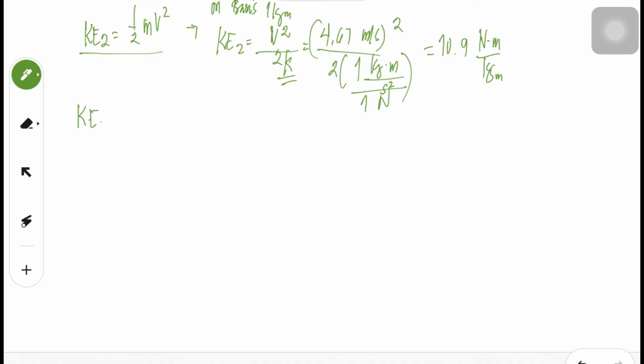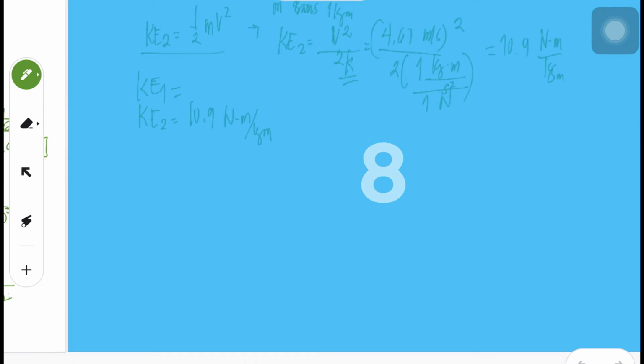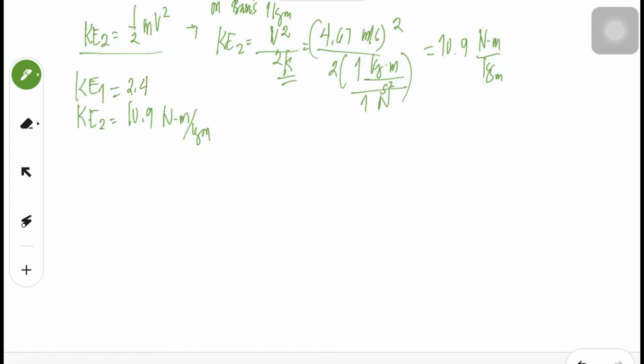Kinetic energy at point 2 is now 10.9 Newton meter per kilogram mass. And the kinetic energy at point 1 is 2.44 Newton meter per kilogram mass.